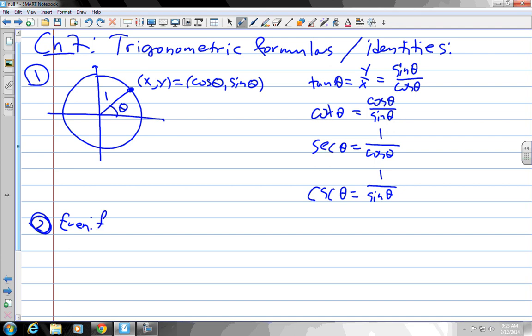If you recall, it's f of negative x equals f of x, right? So it doesn't matter whether the input is positive or negative, the output stays the same, right? And the odd one: if you change the input, it will change the output.